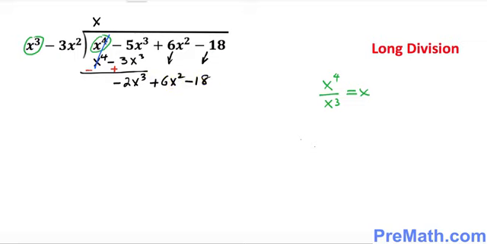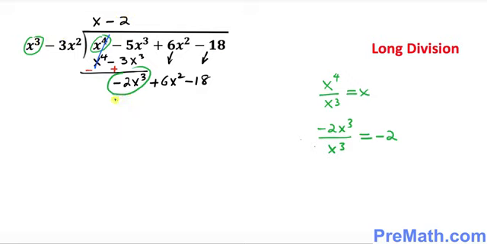Now, once again, I want you to look at the leading term, which is negative 2x power 3, divided by the leading term outside, which is x power 3. When you divide, that's going to give you negative 2. I want you to put this negative 2 right up here and multiply this negative 2 with both terms outside.